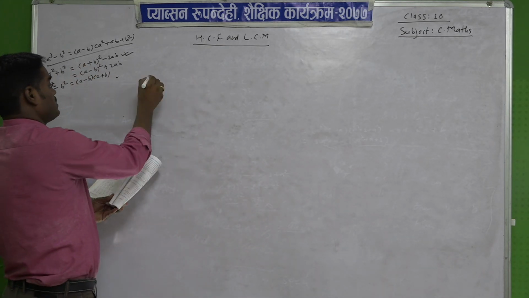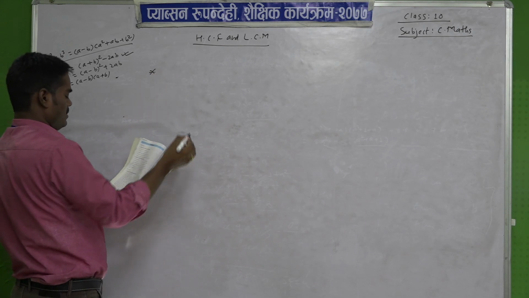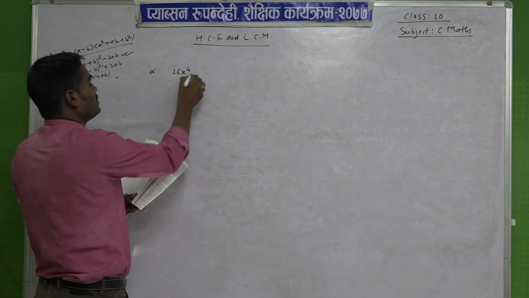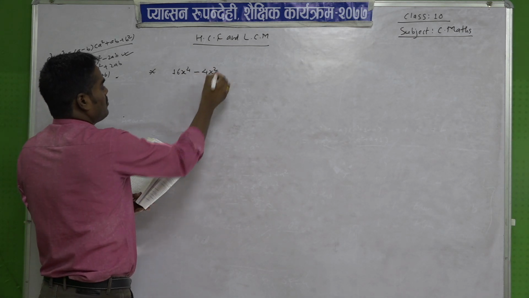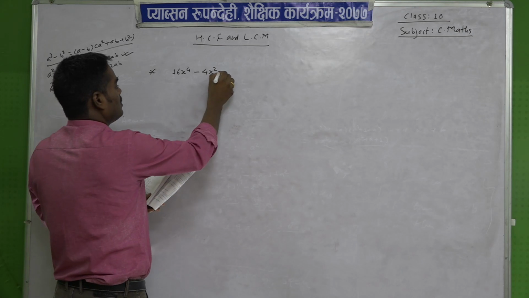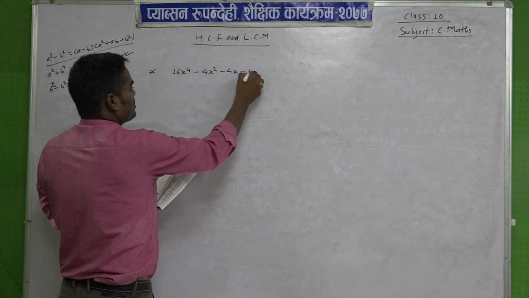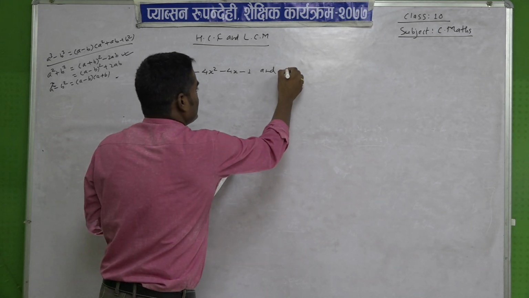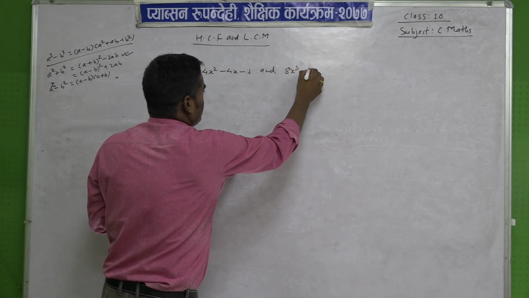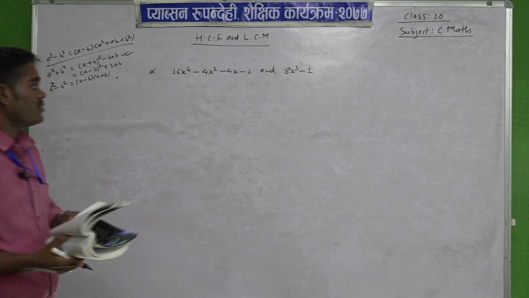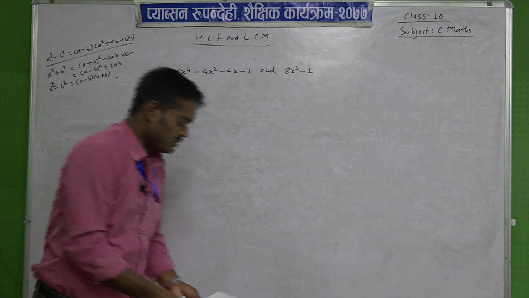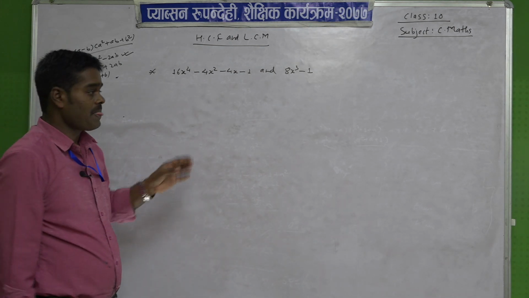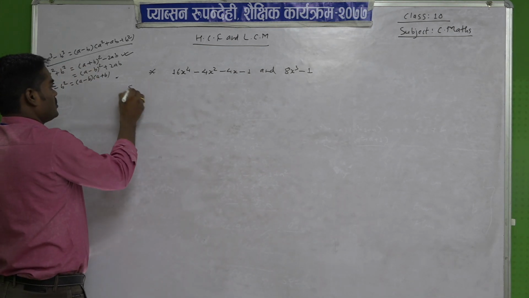Now, the second question for today is given here: 16x power 4 minus 4x square minus 4x minus 1, and the other expression is 8x cube minus 1. For this question we have to find both the SCF and LCM, my dear students. So, solution.